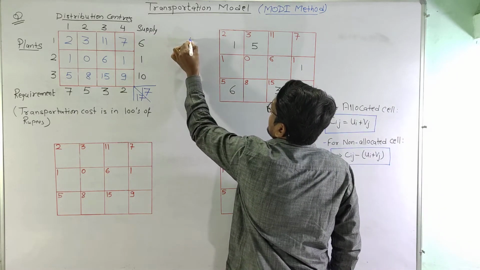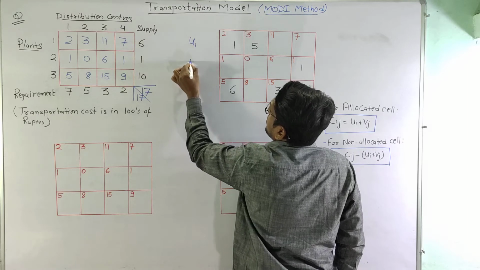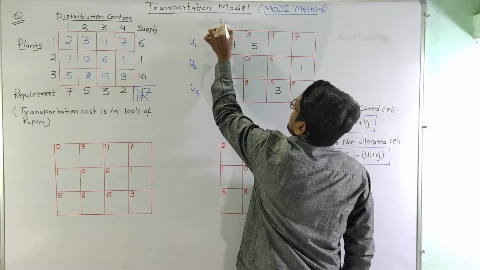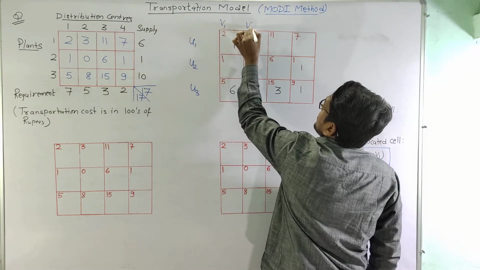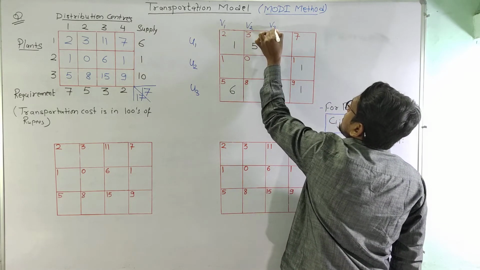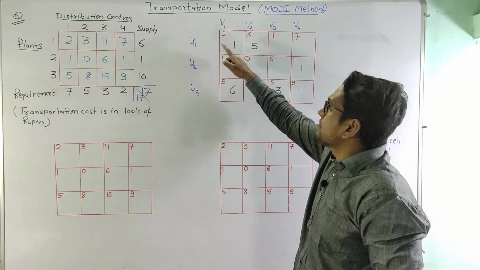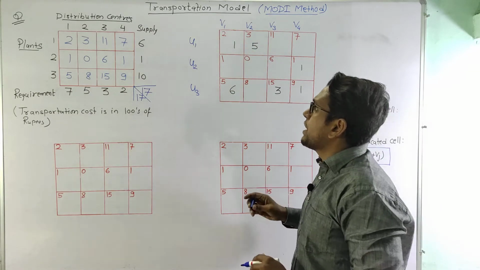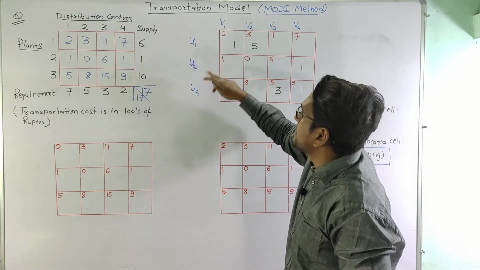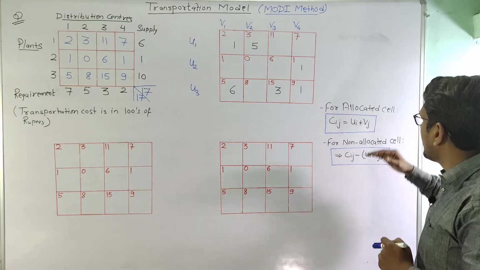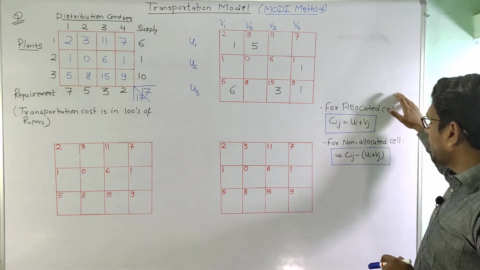Let the variables be u1, u2, u3, v1, v2, v3 and v4. We need to find the values of these variables with the help of these two points.